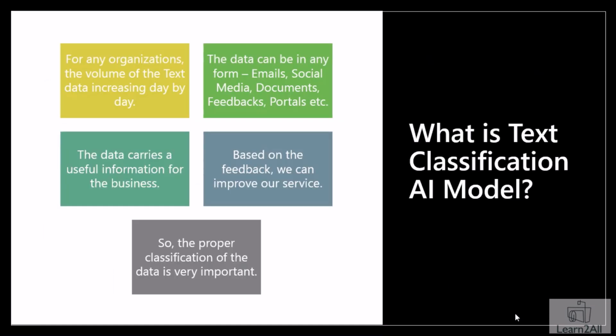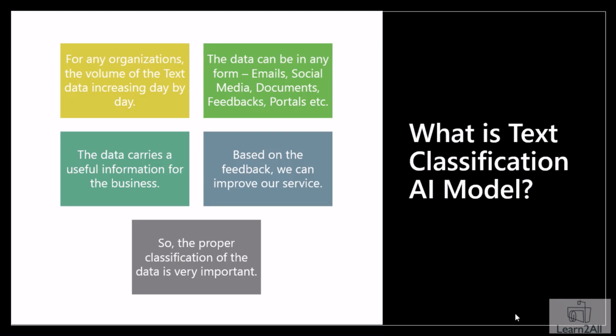The first question that arises in your mind is: what is text classification or category classification? For any organization, the volume of data is increasing day by day. The data can be in any form: emails, social media, documents, feedback, anything. This data carries useful information for the business, and based on the feedback, the organization can improve their service.